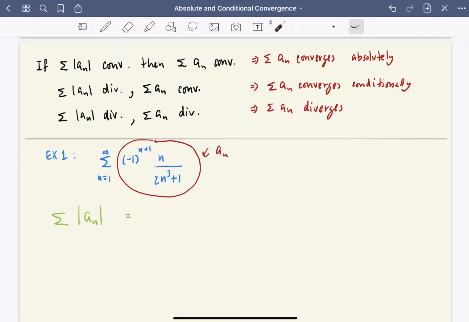When we talk about the absolute value of negative 1 raised to n plus 1, that's just 1, because this changes the sign: plus 1, negative 1, plus 1, negative 1. So the absolute value is 1. So for the absolute value of an, we just have the summation of n over 2n to the third plus 1.